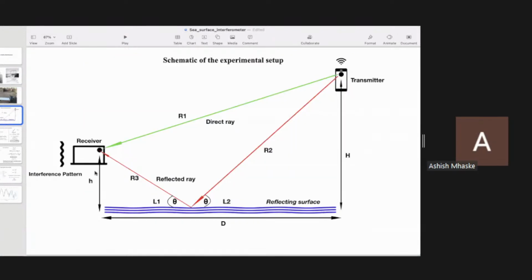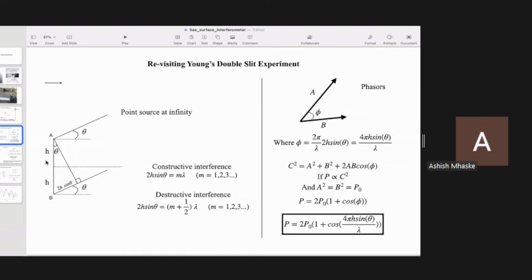Just to clarify, I did not mention that the second antenna forms in the image plane. The reflector creates an image of the second antenna. So these two antennas are how we get the analogy of Young's double slit experiment. Here also you can see the fringes, and the angular size of the fringes depends on the distance between the two antennas.